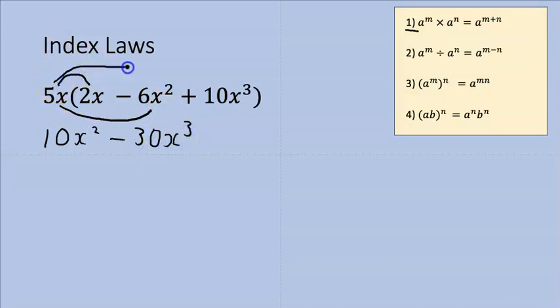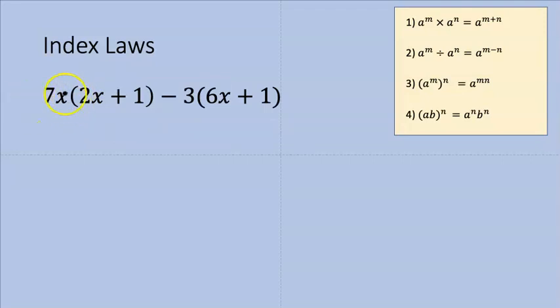And then my final one here. 5x times 10x cubed. 5 times 10 is 50. x times x to the power of 3 is x to the 4. And if you're wondering why it is that they go up in 1, and you can't see the number for x, you just think it is x to the 1.